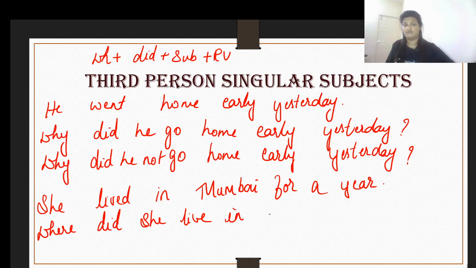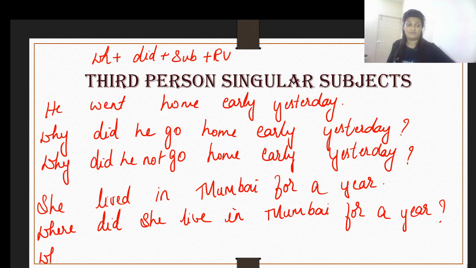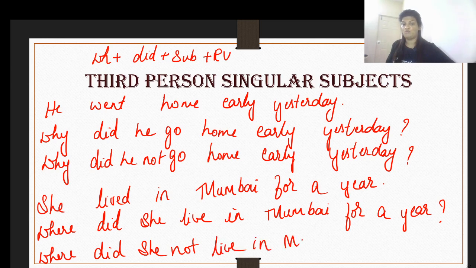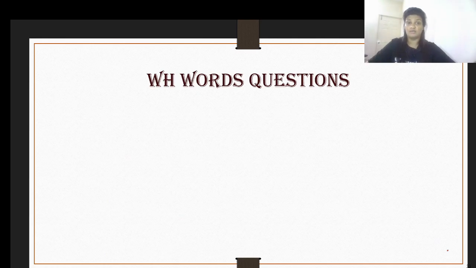Where did she live in Mumbai for a year? Question mark. Negative question goes like this. Why did she not live in Mumbai for a year? And you ended with a question mark.